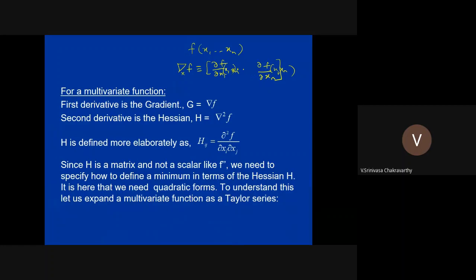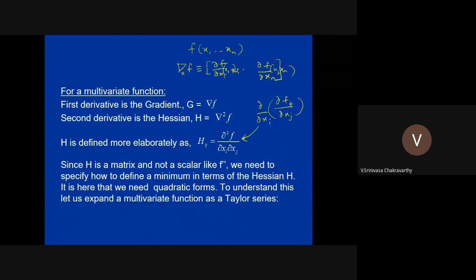If I take the second derivative of this, then the ijth element of that matrix will be obtained as follows. I take any of these first derivatives, like dou f by dou xi, and if I want to differentiate this again with respect to another variable, dou by dou xj, that will give me an expression like this: dou square f by dou xi dou xj.